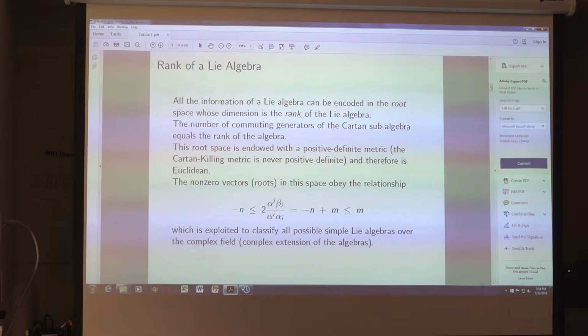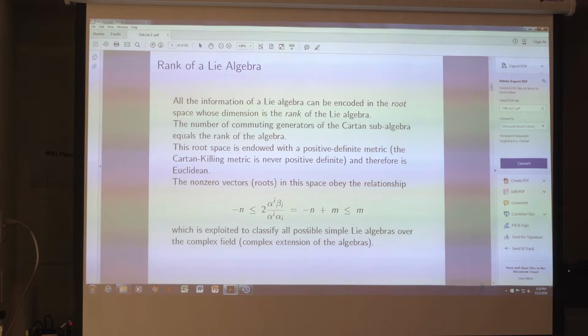So the root space will be endowed with a Euclidean metric. Remember, a positive definite metric, which should not be confused with the Cartan-Killing metric. Remember yesterday I talked about the Cartan-Killing metric? Do not confuse the Cartan-Killing metric with the metric that I put in your root space. Your root space is going to be a Euclidean space.